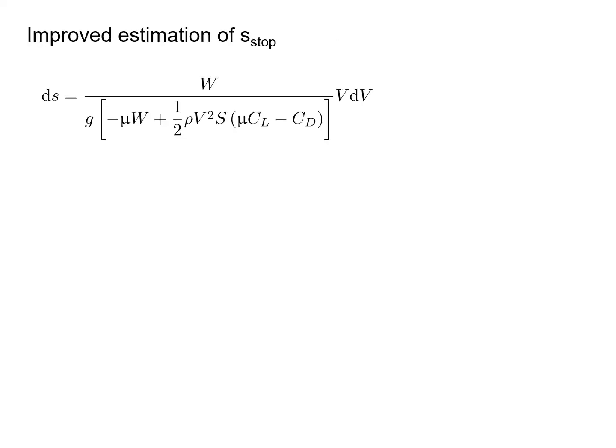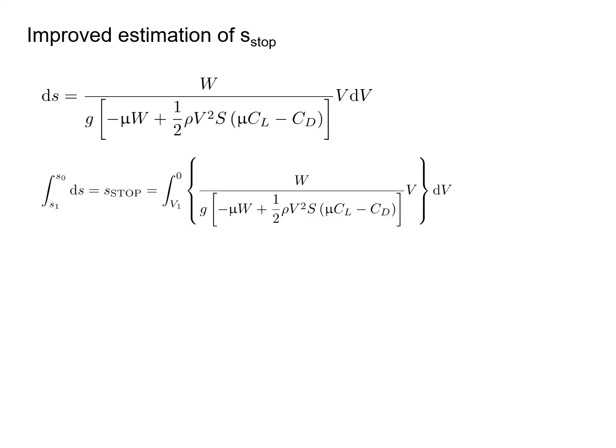This is what we get from the previous slide, and we can see s changes with velocity. If we want to get the stop distance, we need to do the integration. The velocity is integrated from V1 to 0, because V1 is the decision speed and 0 is the stopping speed that brings the aircraft to a full stop.